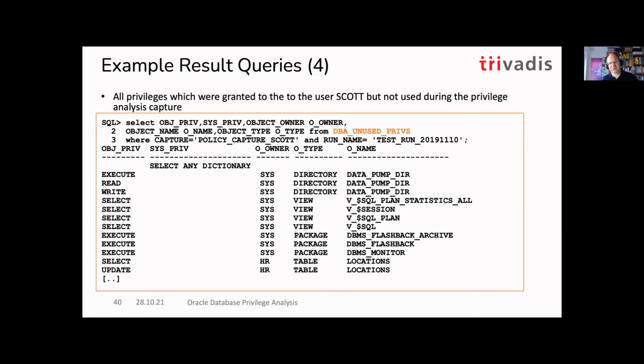The V$SQL_PLAN_STATISTICS views are for real-time performance monitoring of your own sessions, access to the data pump directory because the user can do data pump, DBMS flashback, the user can do flashback, and lots of privileges which are there, but which are not always needed. For example, this select any dictionary privilege is not really required for a typical application user.